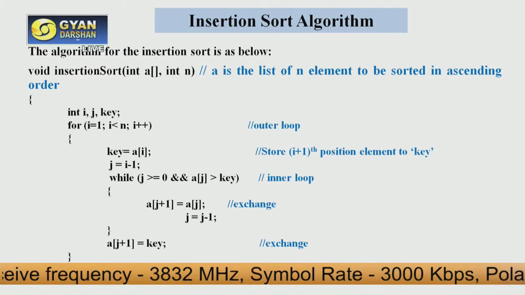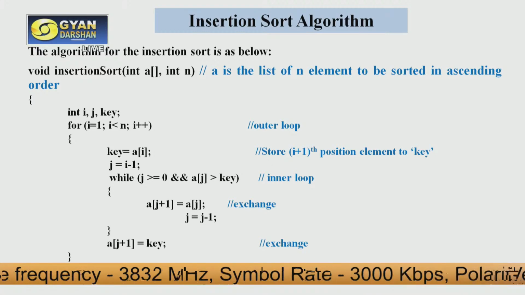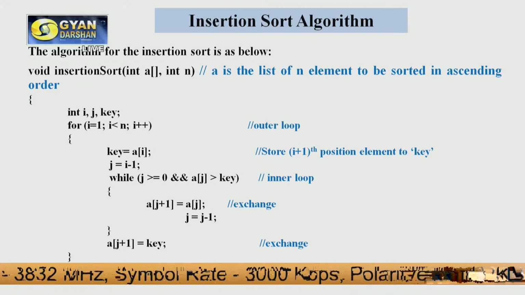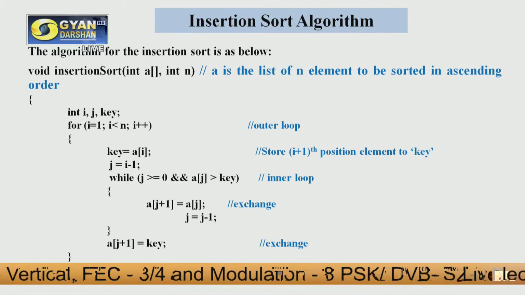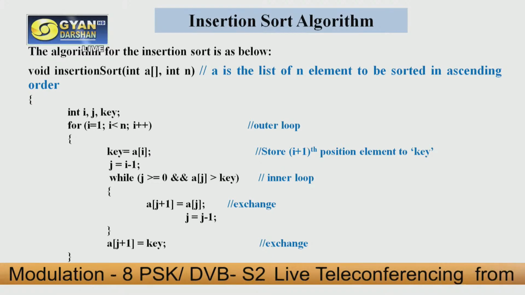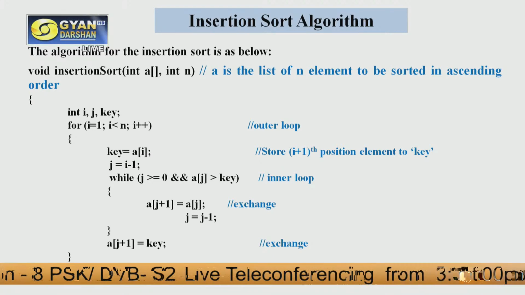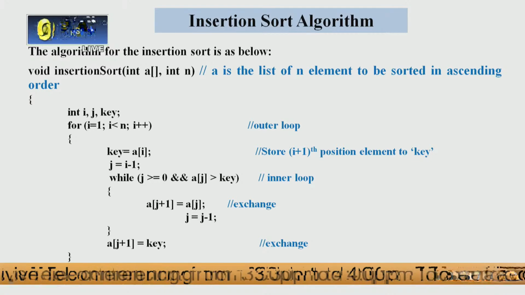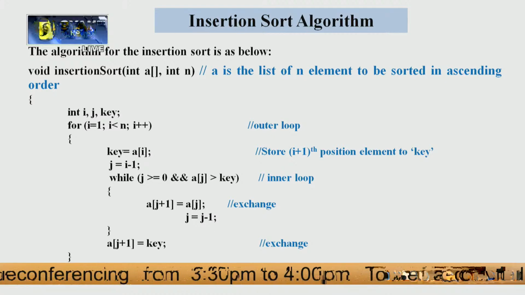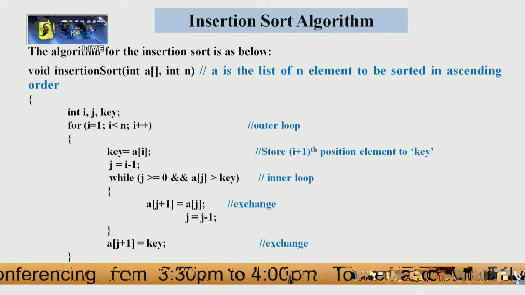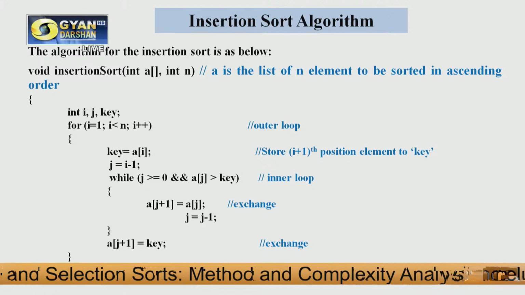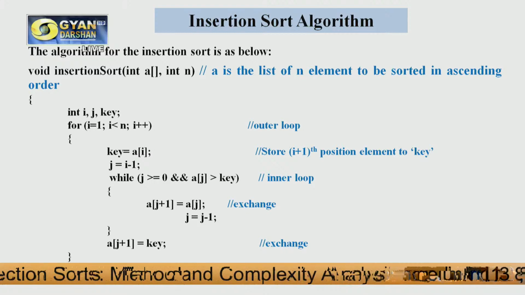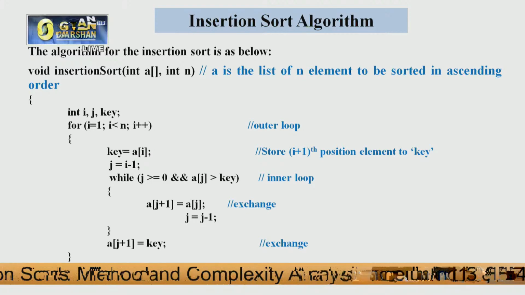Then we check the condition of the while loop, that is j is greater than or equal to 0 and a[j] is greater than key, the key which is required to be inserted into the sorted list. When these two conditions are true, we continue this inner loop, and what we do is shift the item one place toward the right in the sorted list till the condition is true.